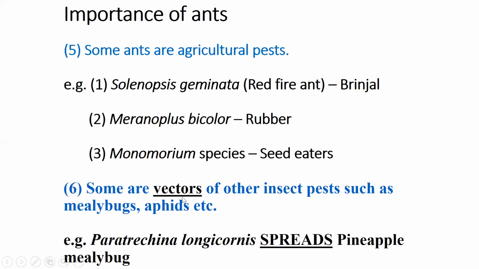And some are vectors of other insect pests such as mealybugs and aphids. One of my fourth year students conducted research long ago showing that Paratrechina longicornis, the black ant we see in day-to-day life, moving very quickly here and there when disturbed, spreads pineapple mealybug.